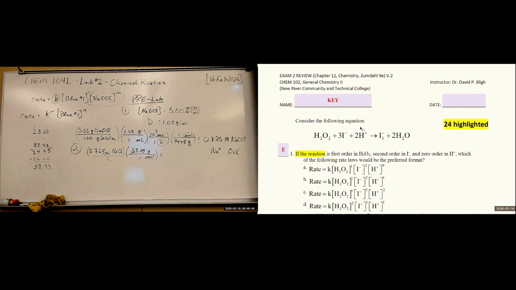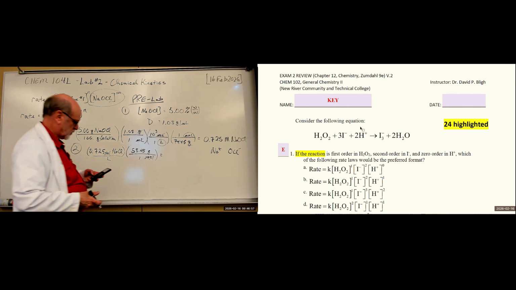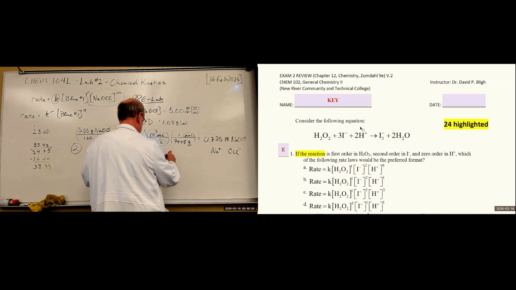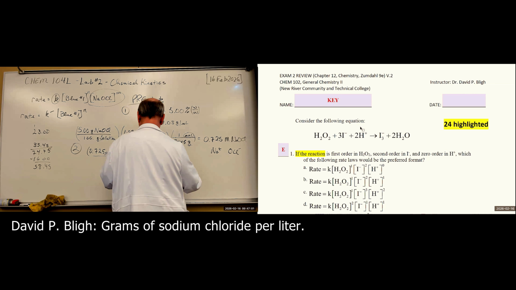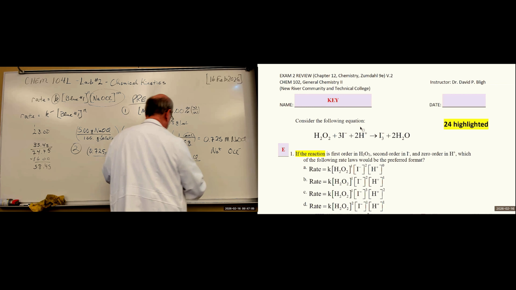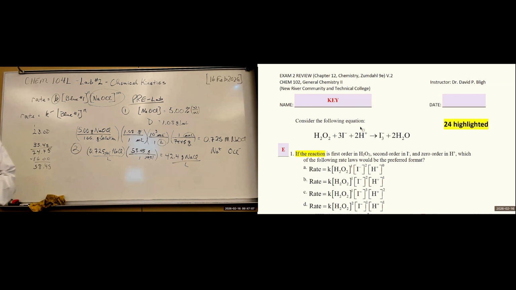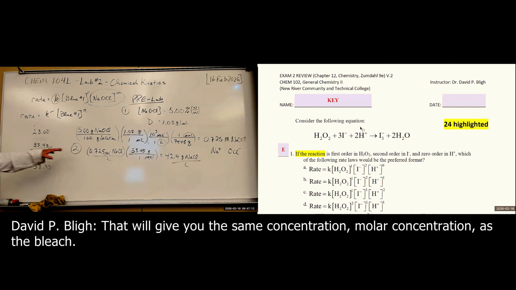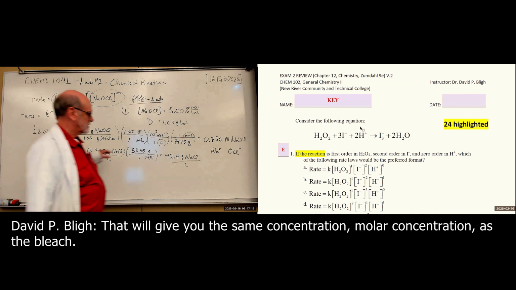So 42.4 grams of sodium chloride per liter. That will give you the same molar concentration as the bleach.